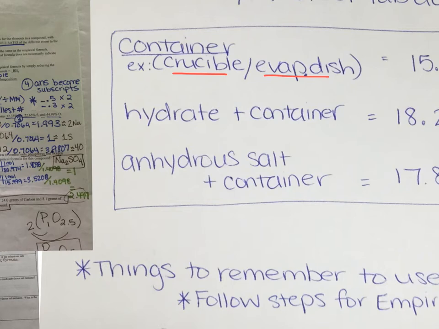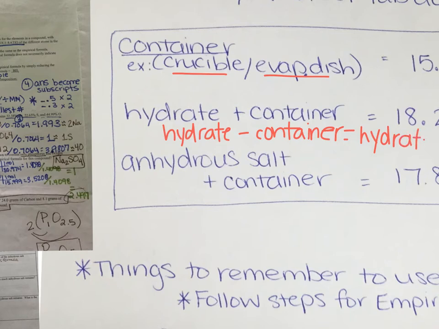Then we have hydrate plus container, or hydrate plus crucible. So you notice it got a little bit bigger. Can I figure out how much hydrate I have? How? You guys see that? So you take your hydrate plus container, minus container, to get just your grams of hydrate.